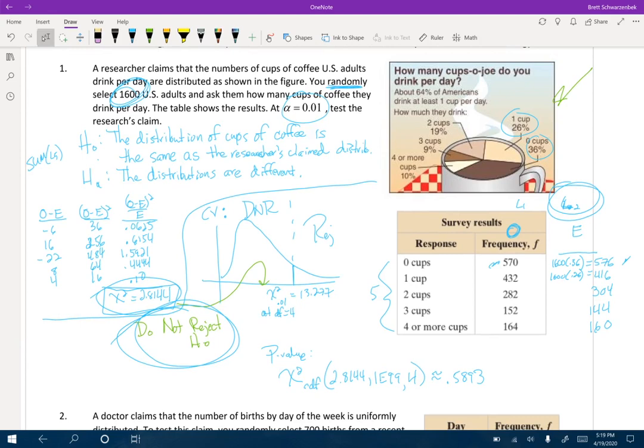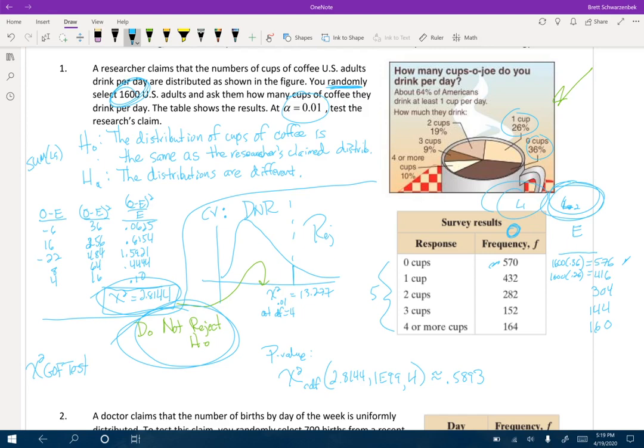My suggestion is that when you're done with all this, you immediately go into your chi-square GOF test on your calculator, make sure the lists L1 and L2 are filled in, put in degrees of freedom 4, and run it. You should get the p-value and your test statistic.